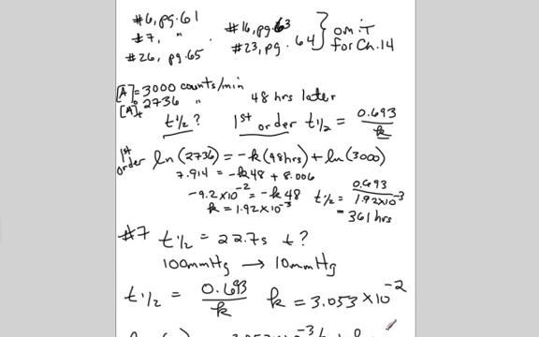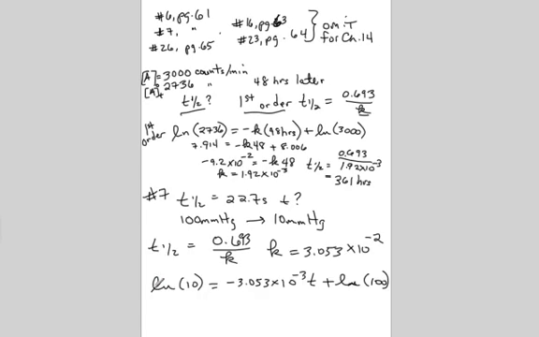All right. So if we do our natural logs, we get 2.303. See, that's where that 2.303 came from in the Arrhenius equation, going from base 10 to the natural log. Negative 3.053 times 10 to the -2 t plus the ln of 100, 4.605.